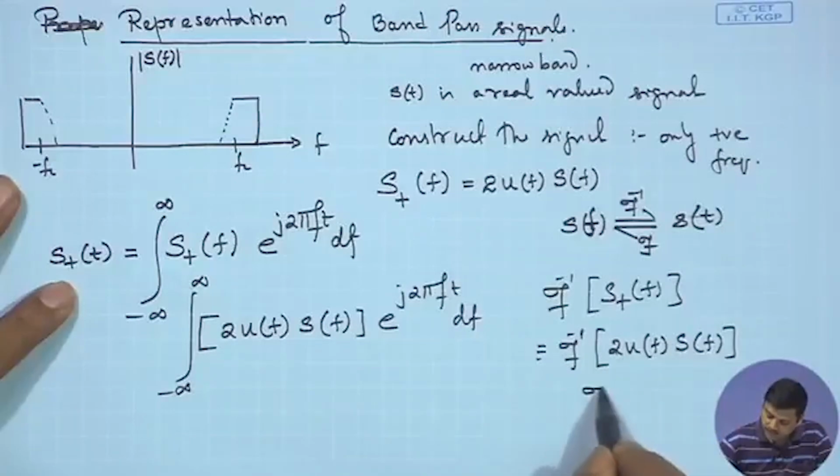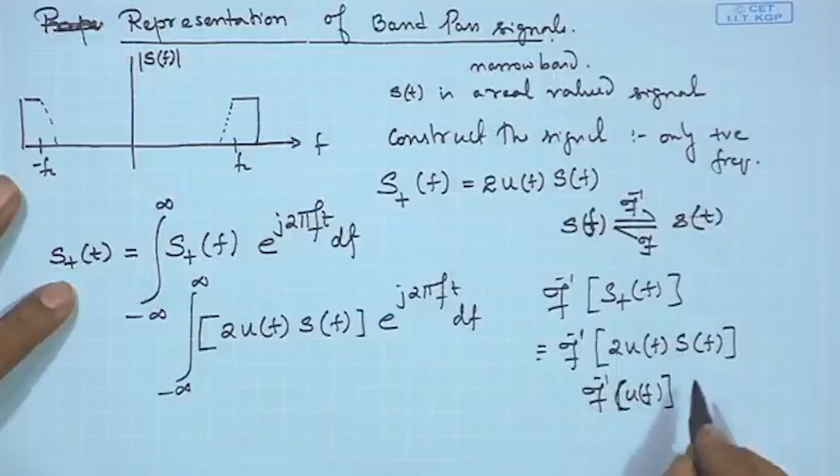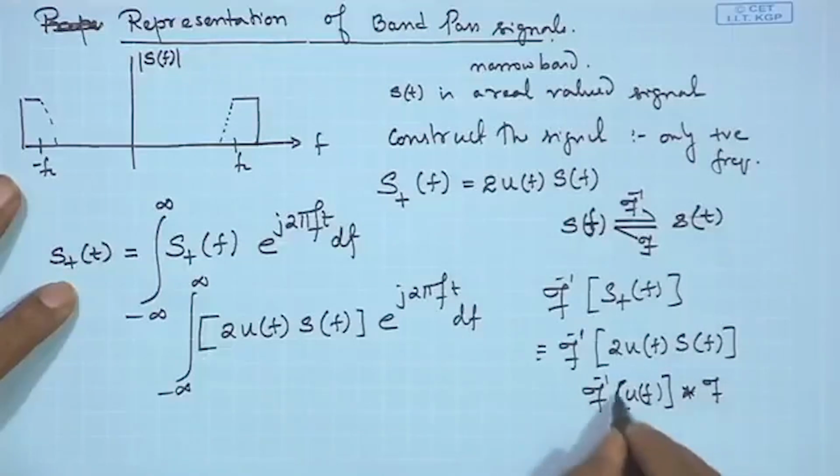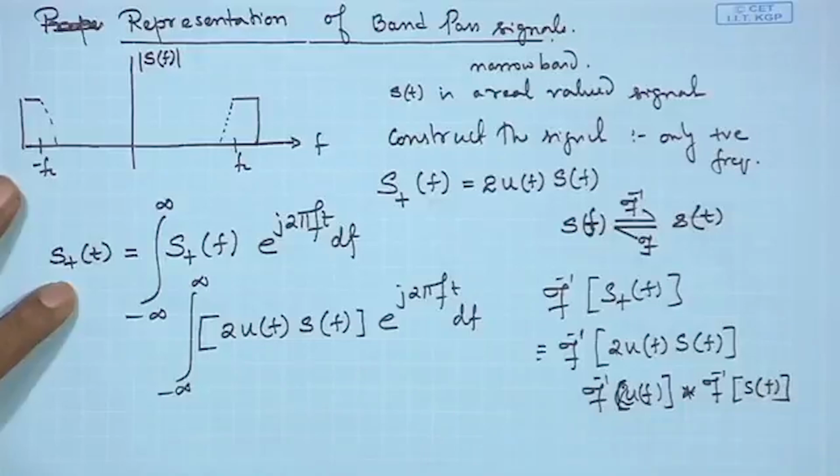So, we have the inverse Fourier of u of f convolved with the inverse Fourier of S of f, keeping the 2.